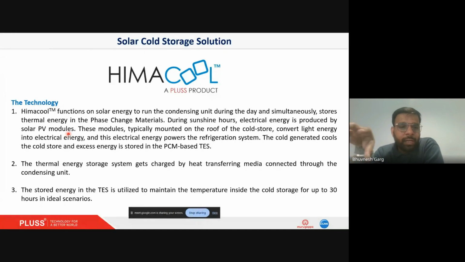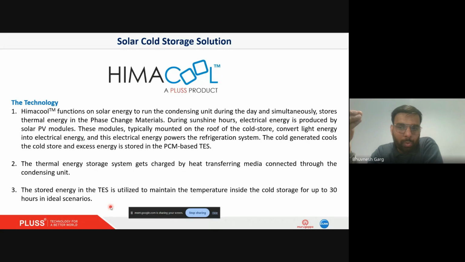This is during the daytime, but during the night time your compressor is not able to run because there is no electrical energy from your panel, so you extract that energy from your PCM, from the phase change materials and thermal energy storage system, and you are able to maintain the cold store temperature between 2 to 8 degrees Celsius or minus 15 to minus 25 degrees Celsius based upon the food you want to store.